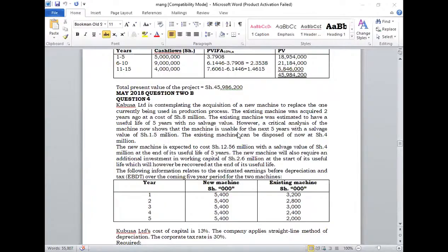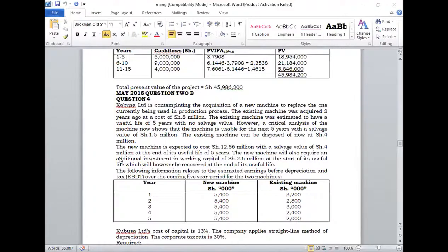The new machine is expected to cost 12.56 million with a salvage value of shillings 4 million at the end of its useful life of 5 years. The new machine will also require an additional investment in working capital, and that is why I chose this question.